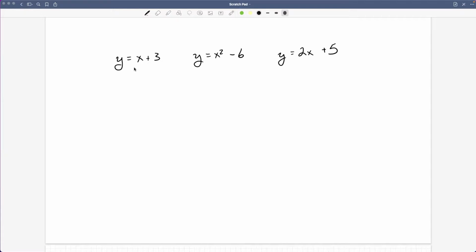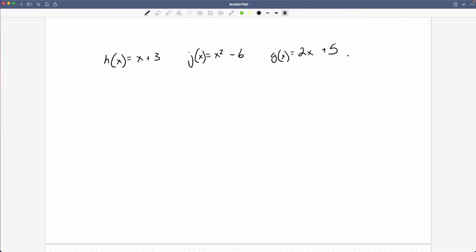For instance, if we have these three equations here, they all start with the same y equals, and unless we read the whole thing out, we don't know which one is which. We first, second, or third. But if we give them a name, if I were to say h of x, and let's call this j of x, and we'll call this one g of x.